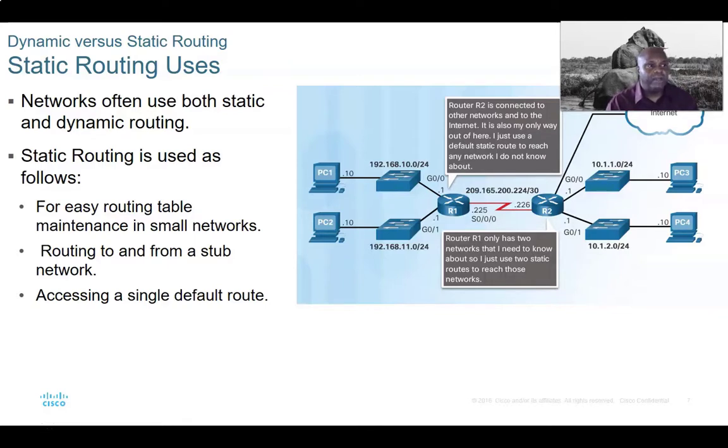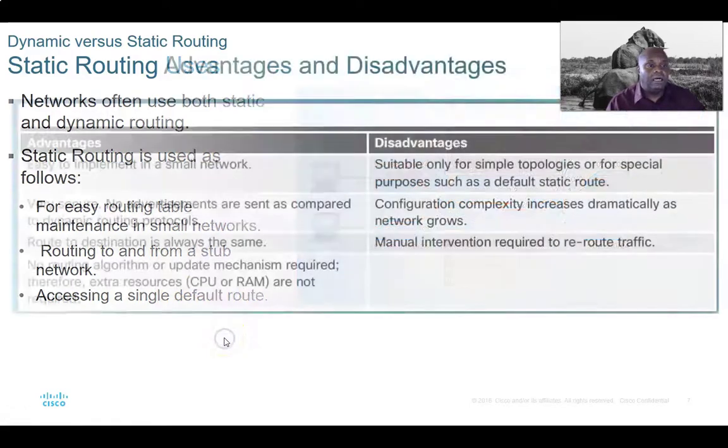So dynamic routing has its benefits of allowing us to set best paths and routers to know what the next directly connected router is doing, but we still may be using static routing on our particular network. And routing to and from a stub network, I mean, in certain situations, we just set this up like this.